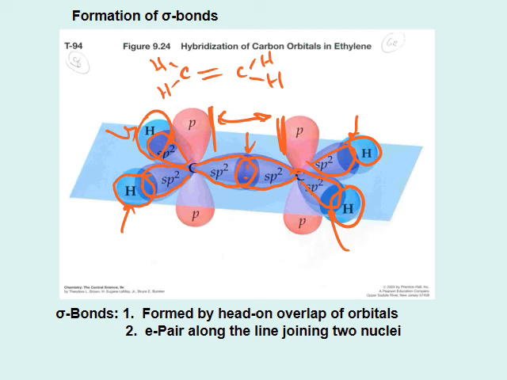In another case, a bond is formed by sideways overlap, so the overlap is not very significant. So you can predict which bond is going to be weaker and which stronger. Obviously, sigma bonds, because they're formed by head-on overlap, will be stronger than pi bonds, where there is not an effective overlap.